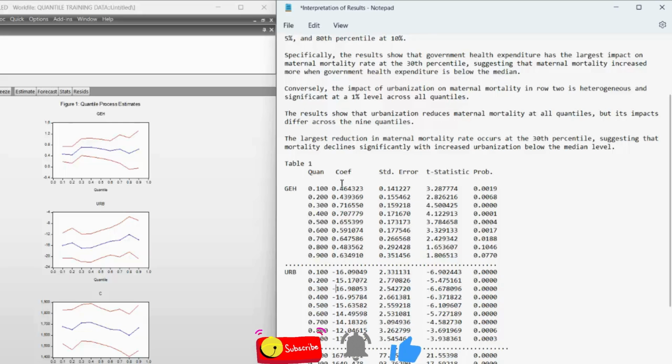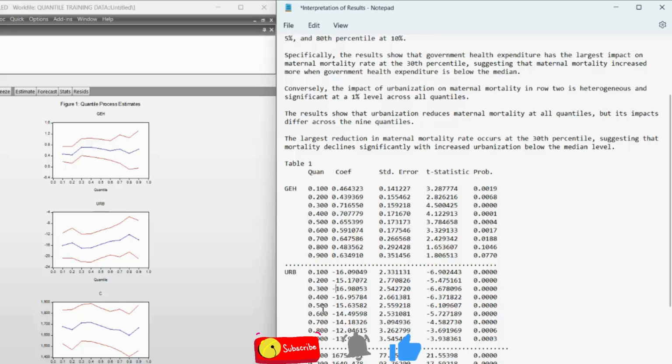That's why we say the largest reduction, or you can say the biggest, just use your own words that fit the sentence. The largest reduction in maternal mortality rates occurs at the 30th quantile, suggesting that mortality declines significantly, because this is less than 5%, with increased urbanization below the median level. You can see the 30th quantile is below the 50th quantile.